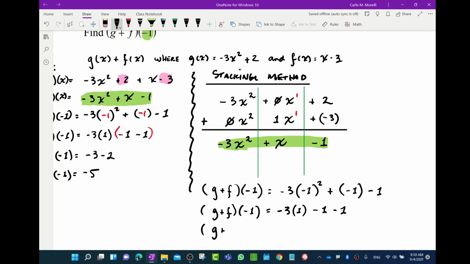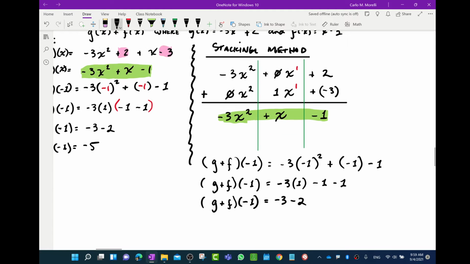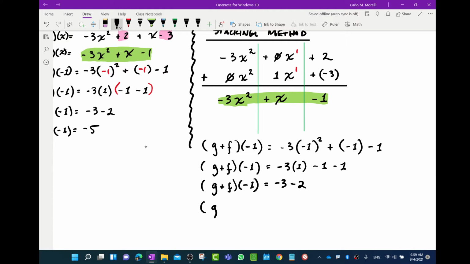So g plus f of negative 1 equals negative 3 minus 2. So g plus f of negative 1 equals negative 5. And again, you're going to get the same answer both ways.